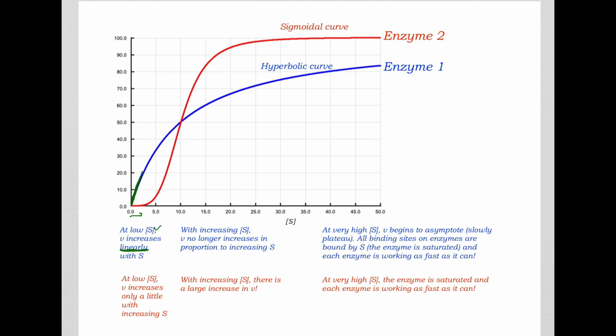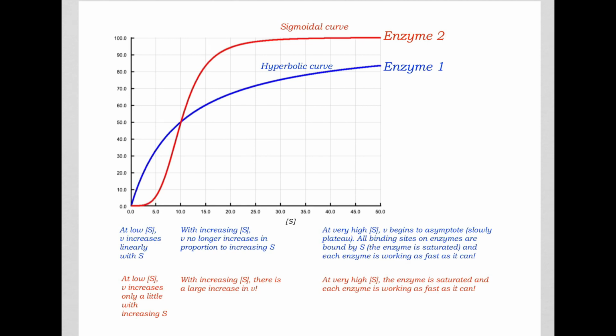However, for the sigmoidal curve, at low substrate concentration, as we increase substrate concentration, you hardly see any increase in velocity. Very, very slow. There's only a little increase in initial velocity as we increase the substrate concentration.